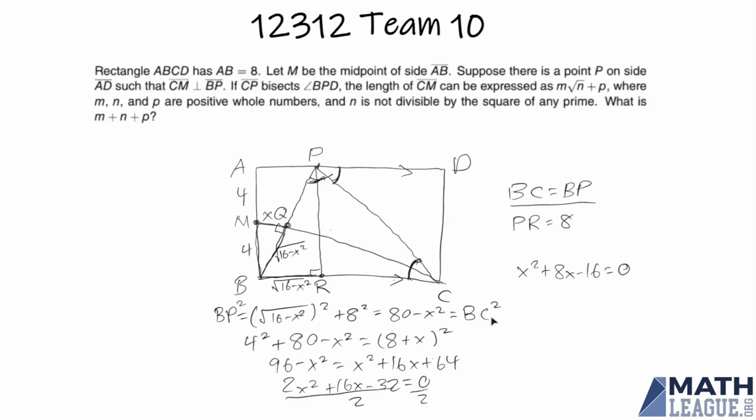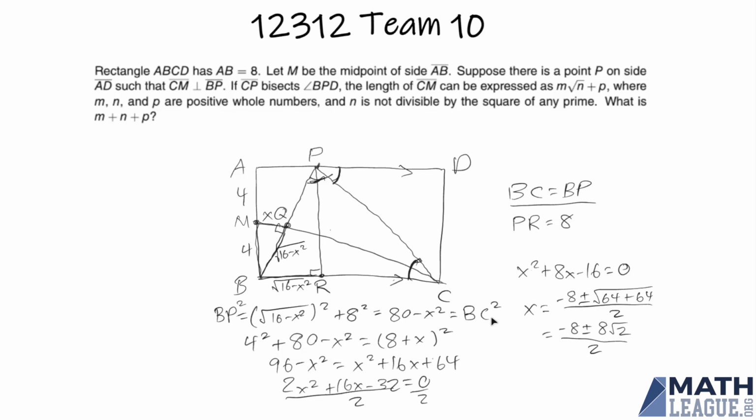And now it's just the quadratic formula, so negative 8 plus or minus the square root of 64 plus 4 times 16, which is 64, all over 2, equals negative 8 plus or minus, well, 64 plus 64 is 2 times 64, so we can take the square root of 64 out and get 8, and then we have a root 2 left. And it's all over 2.